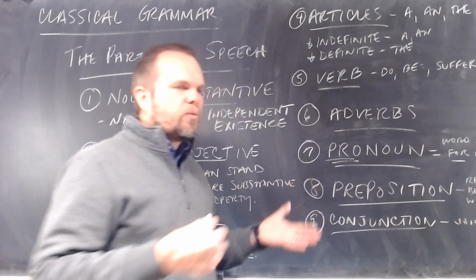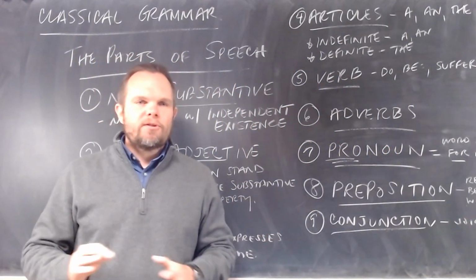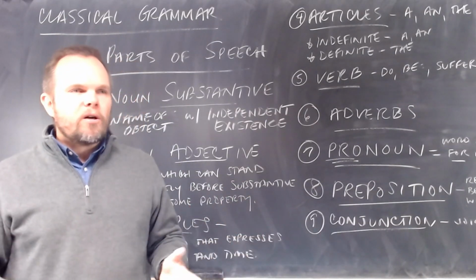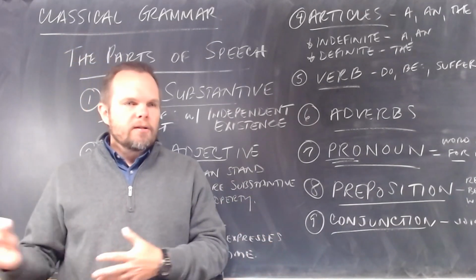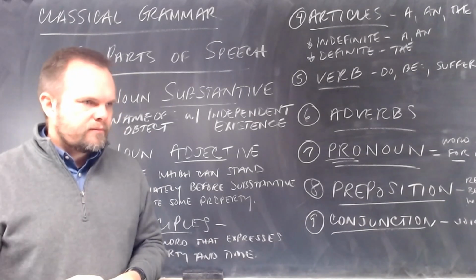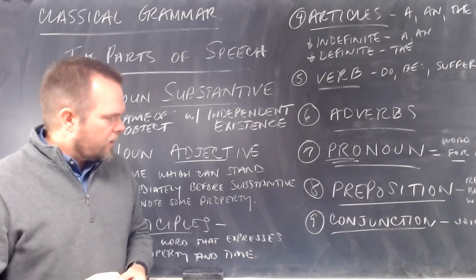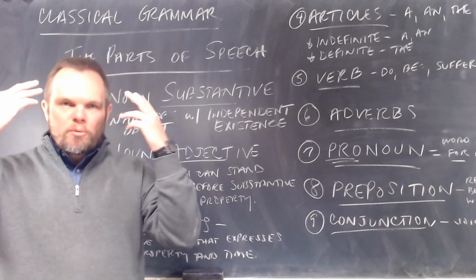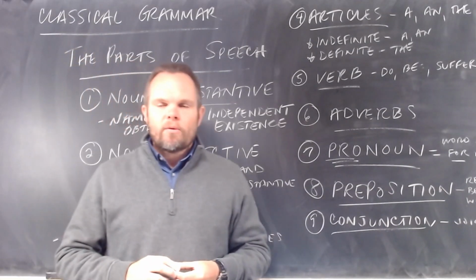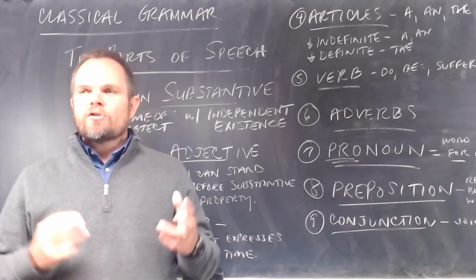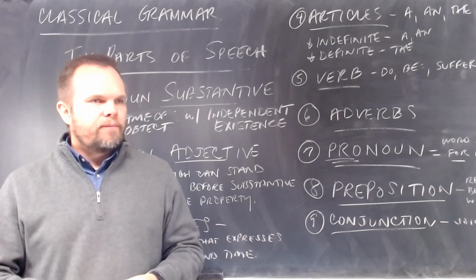And the easiest way to define this in your notes is just to say a conjunction is a word that joins different parts of speech together. Because that's what our minds are actually doing. What our minds are doing is joining ideas together.